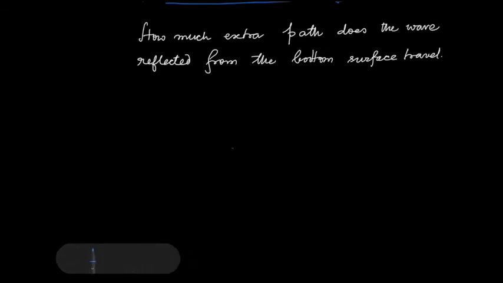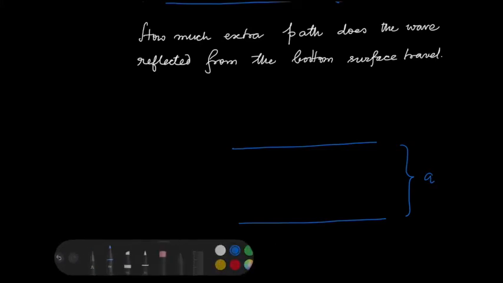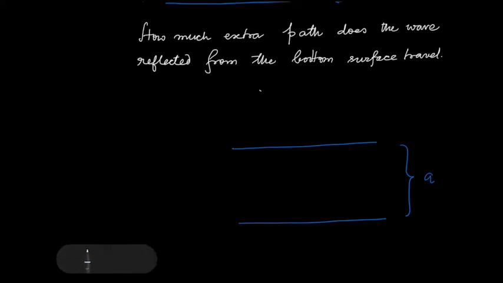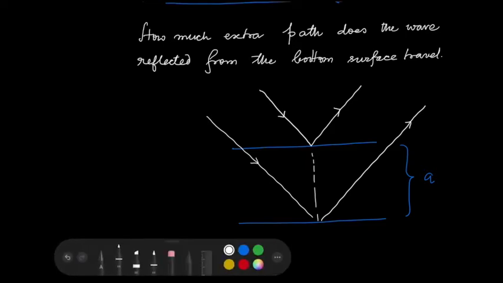So that is what we want to calculate now, how much extra path it will travel. For that, let me draw these layers once again. So these are my layers. Distance between them, we said a. Now as the light falls into it, it is getting reflected from the top layer, and say it's also getting reflected from the bottom layer.